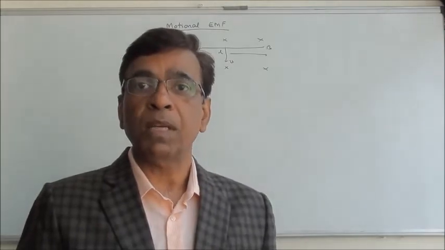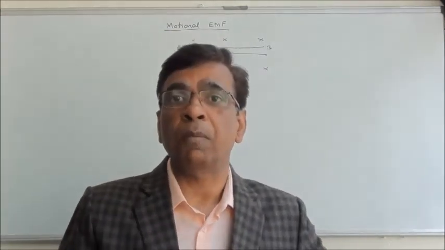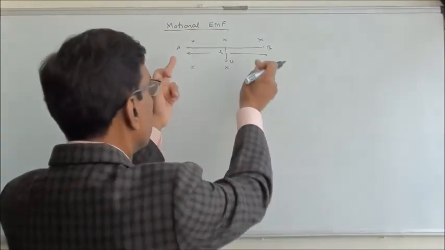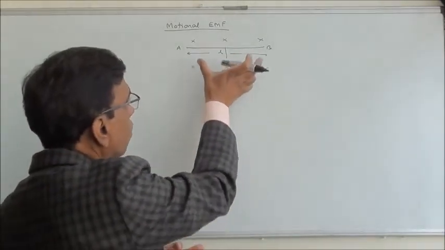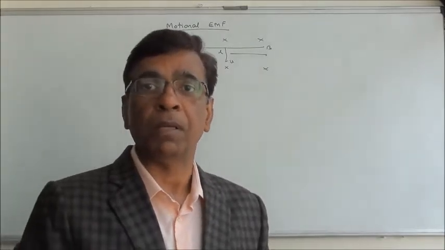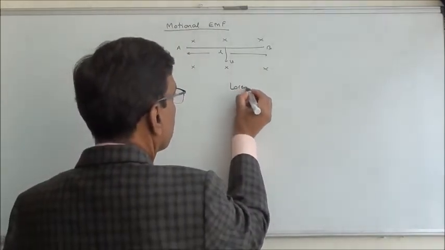Now we can't explain here that this EMF is because of flux change. We have just a conducting rod, so no flux is changing as such. But when it is moving downward, even then there is a potential difference developed between A and B. And this happens because of the Lorentz force.